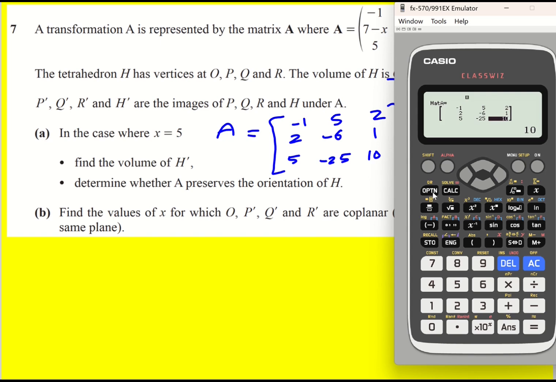Okay, there we go. Then go to matrix calculation, option again. We want to find the determinant. Back to matrix A. And we get -80.